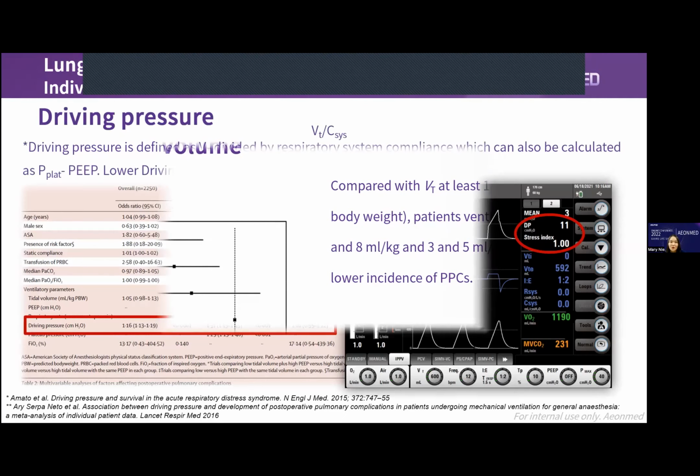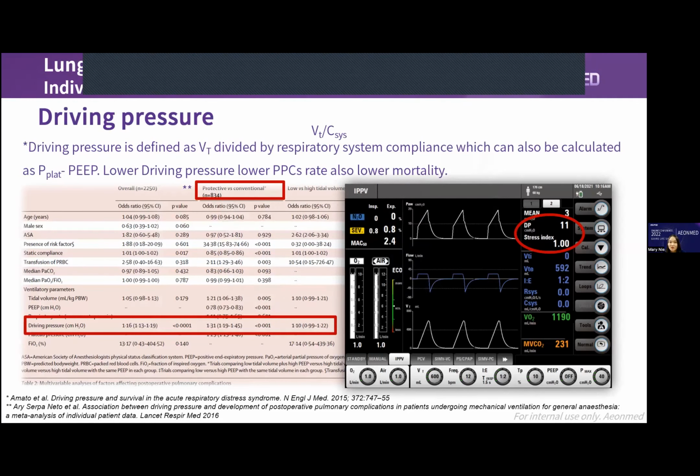And the second one, we need to have the individualized PIP, because every patient in my OR and in front of me is different, has different conditions, right? Of course, hopefully I could have every patient with healthy lung function, or they're not smoking, or they did not do anything harmful to their lung.